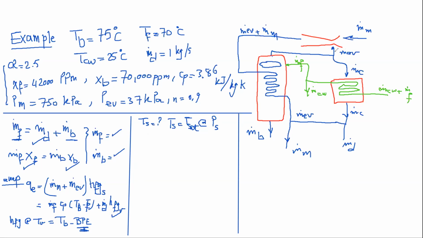TEV has nothing to do with it here. So this is occurring at the vapor pressure. Okay, but here is the boiling pressure, TB, saturation minus boiling point elevation. I understand. But how can we find HFG by only knowing TV? We should have two properties. No, remember, this is saturation condition.